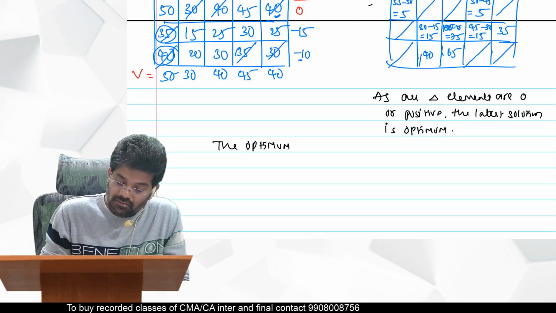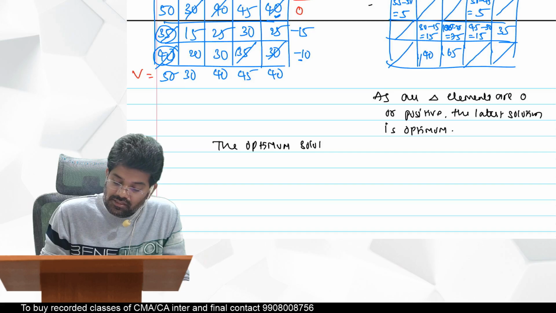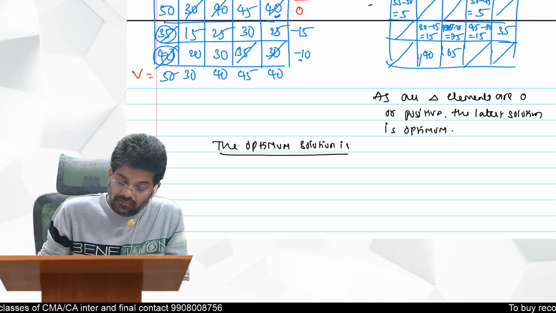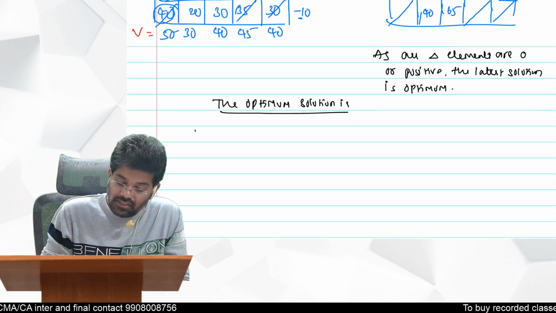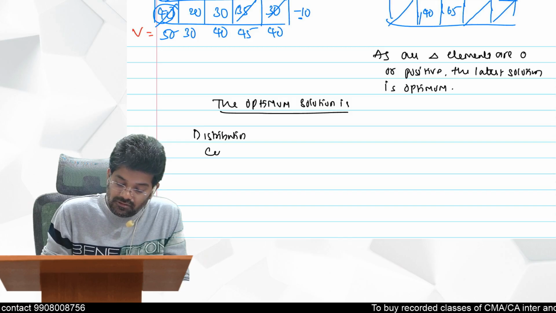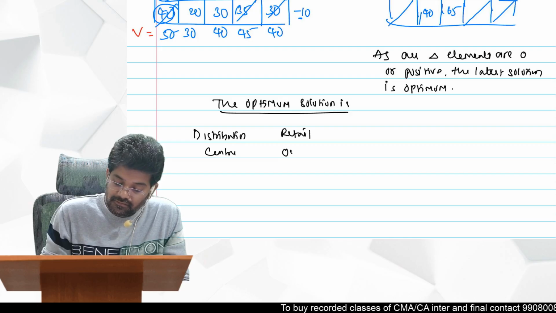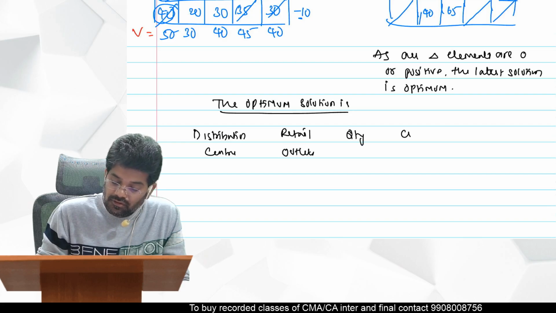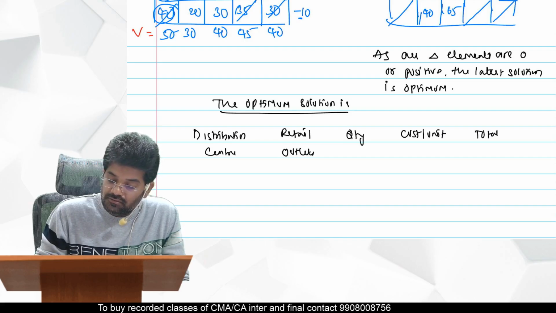The optimum solution has these columns: distribution centers, retail outlets, quantity, cost per unit, and total cost.